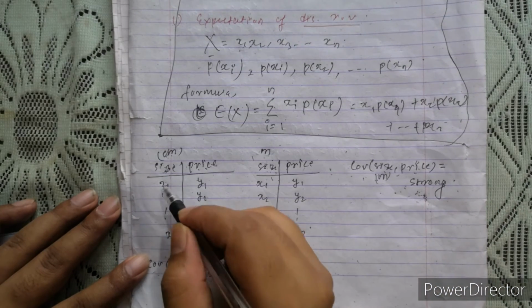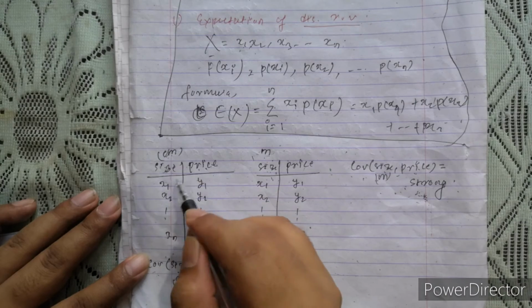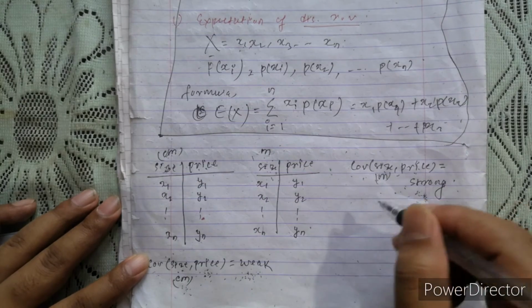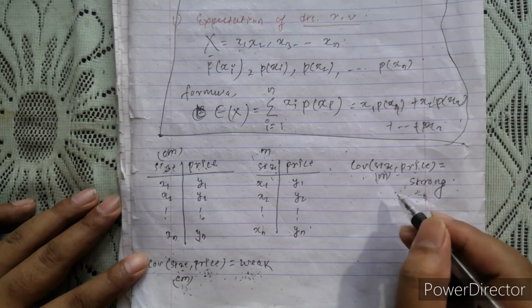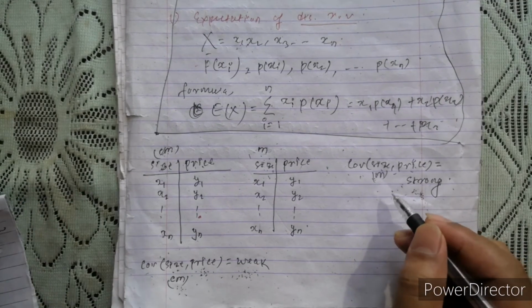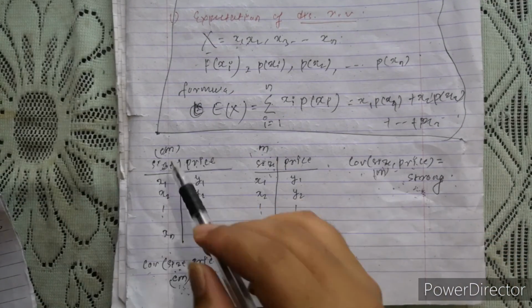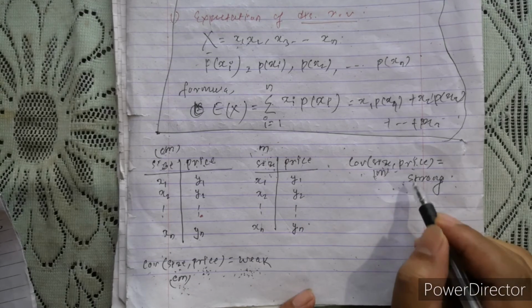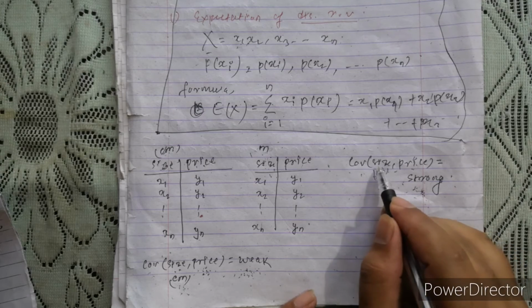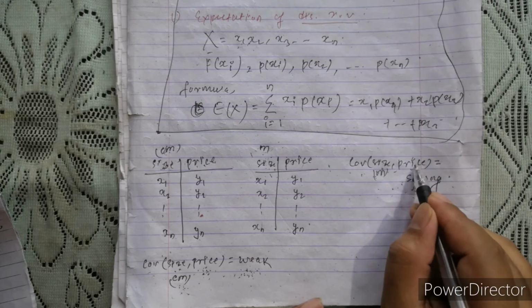Now, let us convert the size of the house from the centimeter scale to the meter scale and calculate the covariance between this size and the price. We can see that when the size of the house is converted from the centimeter scale to the meter scale, we get a strong covariance between the size and the price.